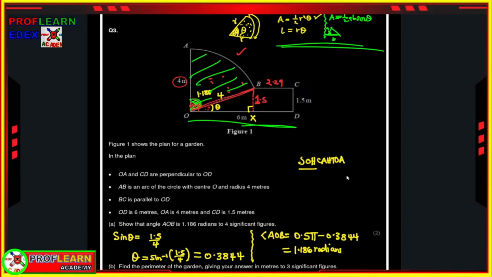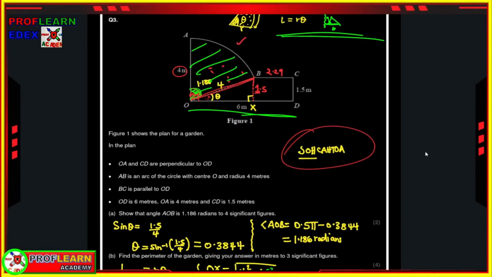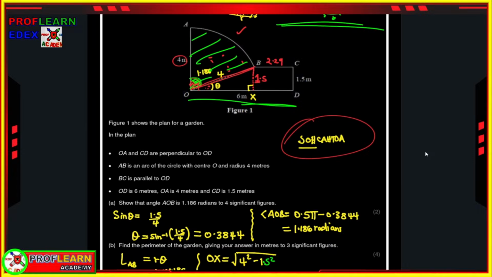So using SOHCAHTOA, we use the opposite and the hypotenuse. Using opposite and hypotenuse, that is sine. So we shall say sine of 1.5/4 is equal to that. Ensure your calculator is in radians.